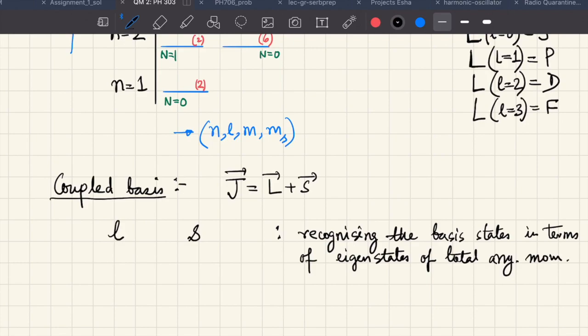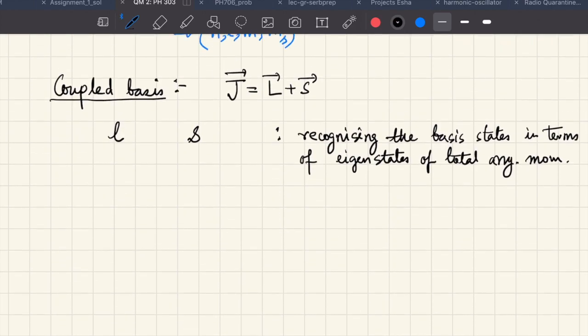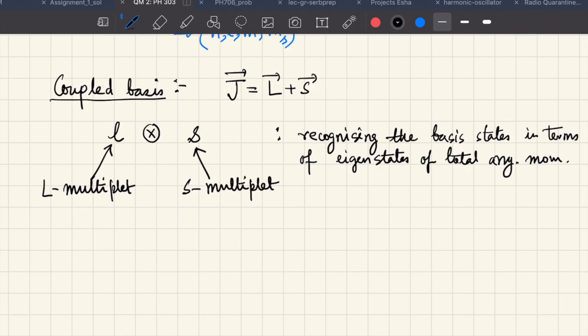So what we do is we are tensoring a full L multiplet to an S multiplet. Remember that they do belong to two different Hilbert spaces. So we do this tensor product of the L multiplet and the S multiplet. But here, of course, your S is half always. So all states in L tensor S are eigenstates of L square and eigenstates of S square.